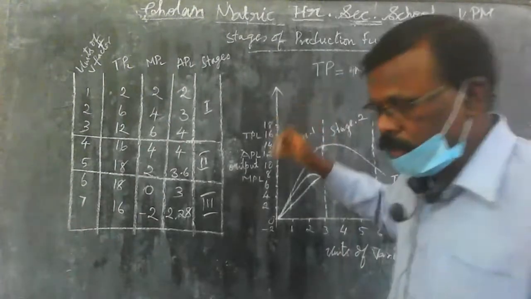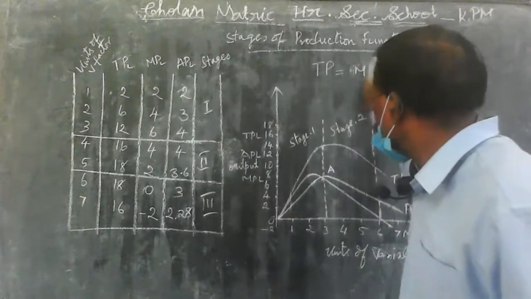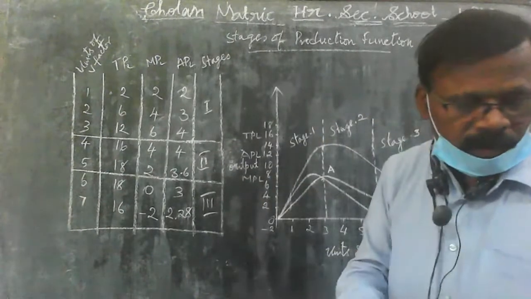Now, the next is marginal product. How do we get marginal product?